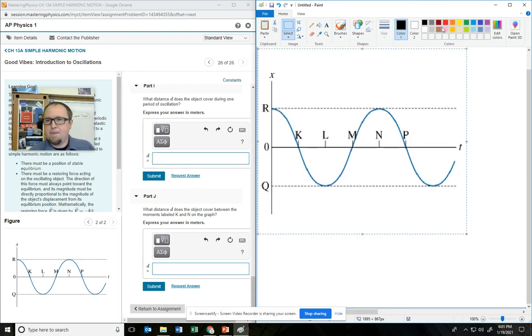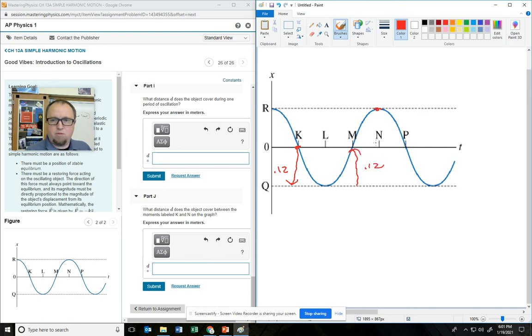We start here and go to here. From here to here, I go 0.12. From here to here, I go 0.12. And from here to here, 0.12. So all together, I travel 0.12, 0.12, 0.12, which is 0.36 meters. There you go.